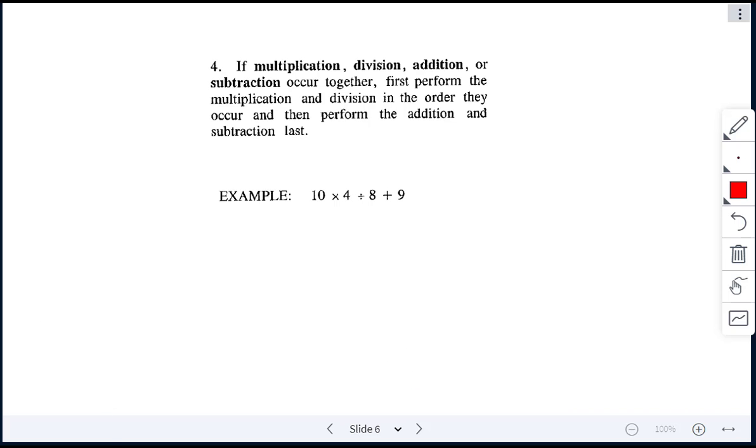Next example, if multiplication, division, addition, or subtraction occur together, perform the multiplication and division in the order they occur. All right, so going from left to right, and then addition and subtraction will be solved last. So going from left to right, because we have multiplication and division, we're going to do our multiplication first.